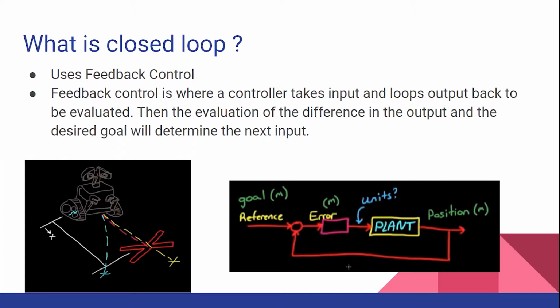Closed loops can also be things like missile launchers and thermostats. When you're trying to control the temperature in your house, let's say you wanted to keep it at 70 degrees, but it's 85 degrees inside.